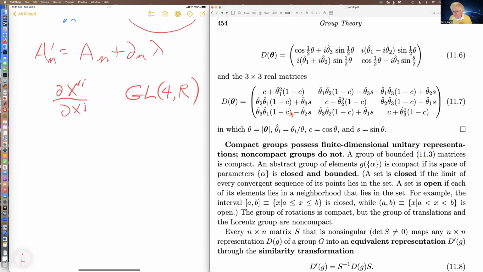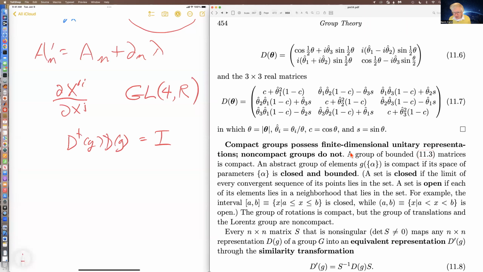Okay, so one thing in particular here is that compact groups possess finite dimensional unitary representations. In other words, if you have a compact group, each group element can be represented by a matrix that is finite dimensional and unitary. So what you have is D dagger of g times D of g equals the identity.